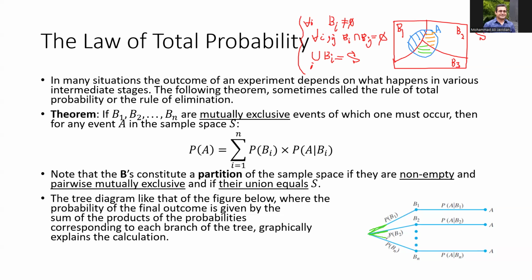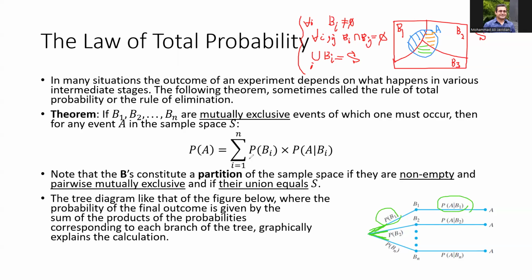Each branch represents a subspace. And as you can see, to compute the probability of A, you have to consider the probability of A in the different subspaces. In that case, you are going to multiply the probability of that subspace with the probability of A in that subspace.